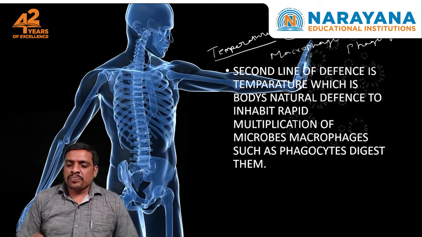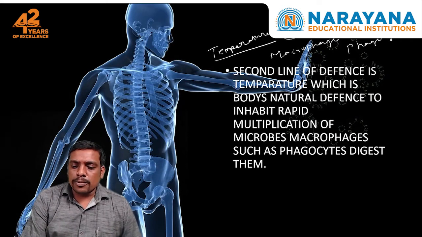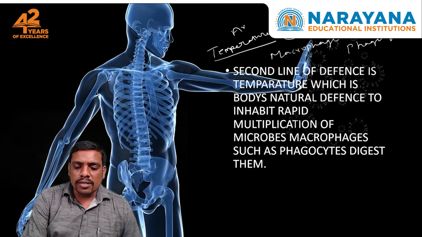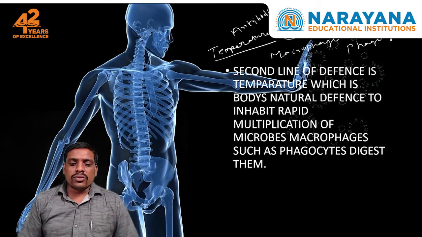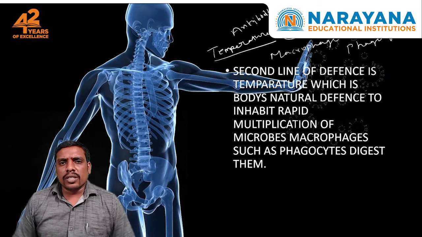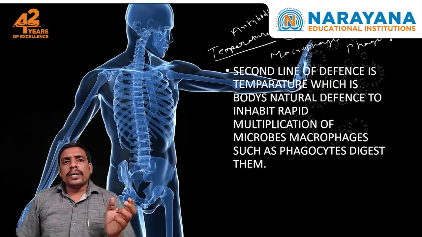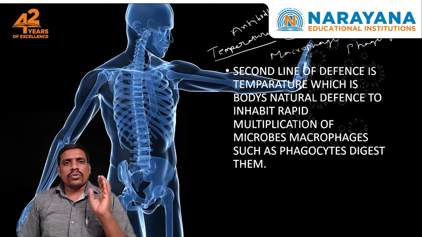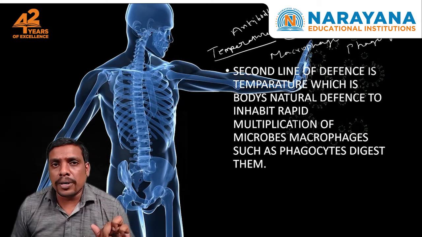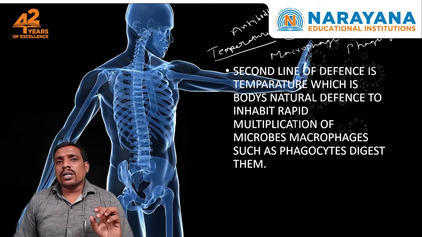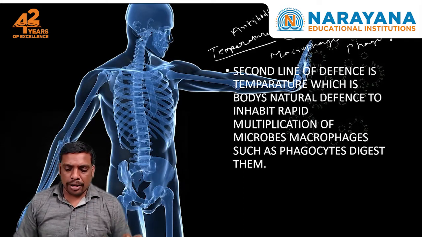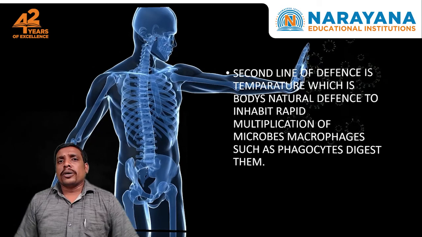In this case, the bacteria is called a specific antigen, and by producing some antibodies, macrophages kill this kind of bacteria. So in these reactions between macrophages and the bacteria, because of the enzymatic reactions, the highest amount of temperature is produced. So this temperature, which is the second line of defense in our body, is produced by the phagocytosis function.